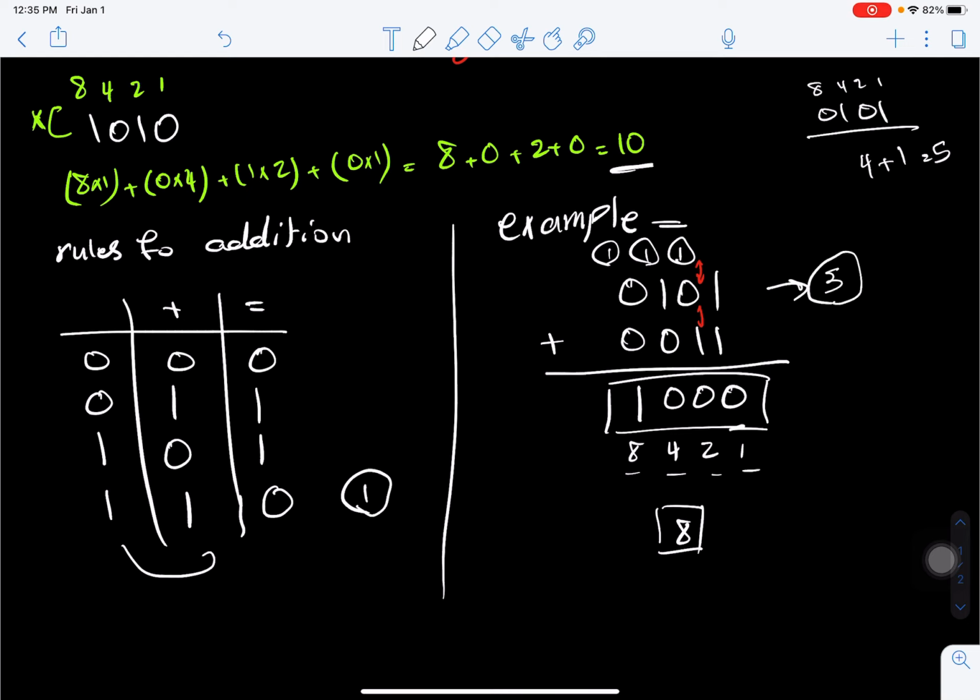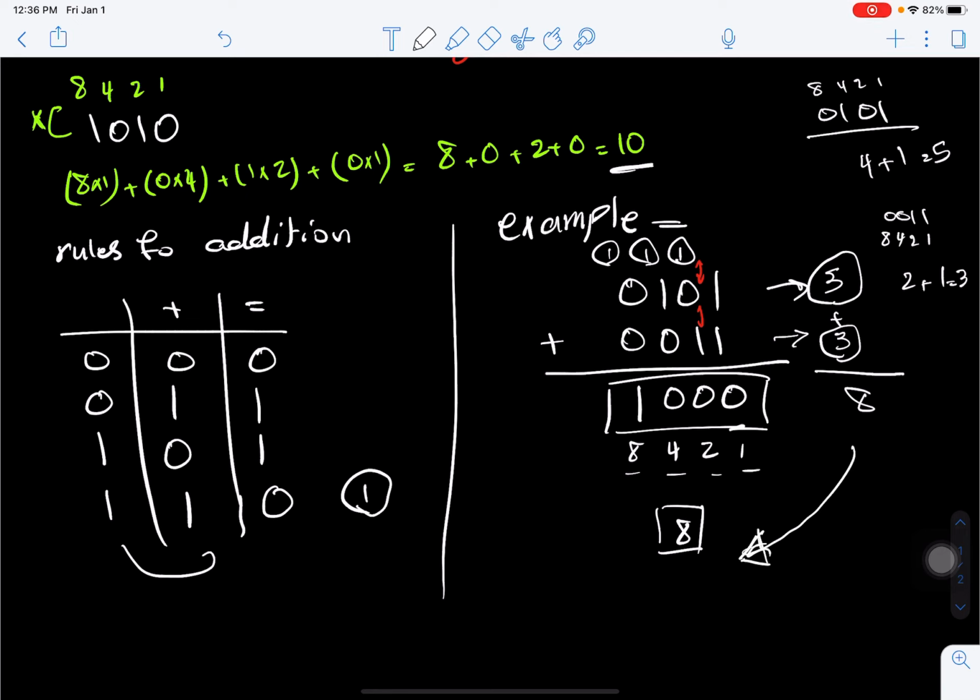And then you have 0, 0, 1, 1, which equals, let's write down these numbers for you guys again, 1 plus 2, which is 3. So 5 plus 3 equals 8. Then you can double check it this way, so you know you got the number right.